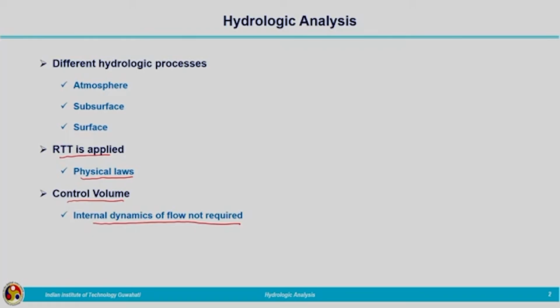What is important is the inflow and outflow and the physical laws regulating them. Different physical laws we have seen: conservation of mass, conservation of momentum and conservation of energy. Depending on the process which we are dealing with, we were making use of different fundamental laws.